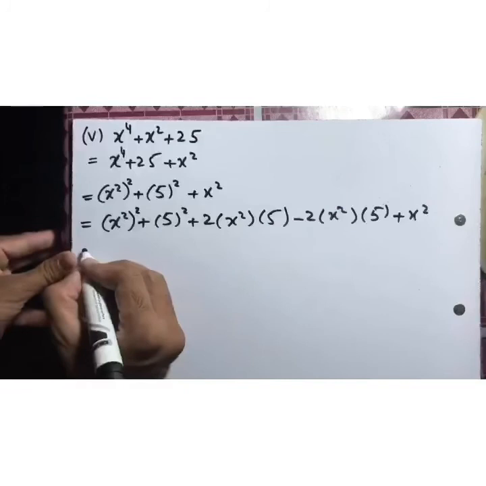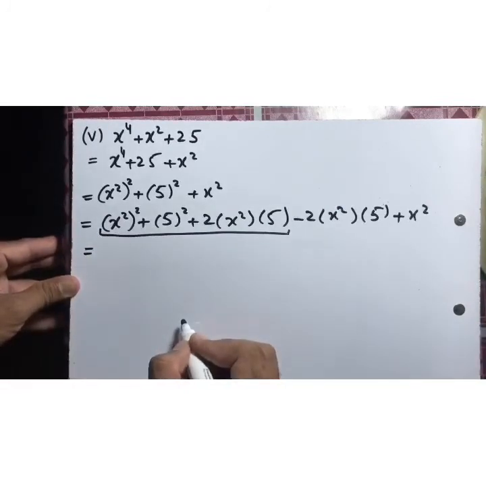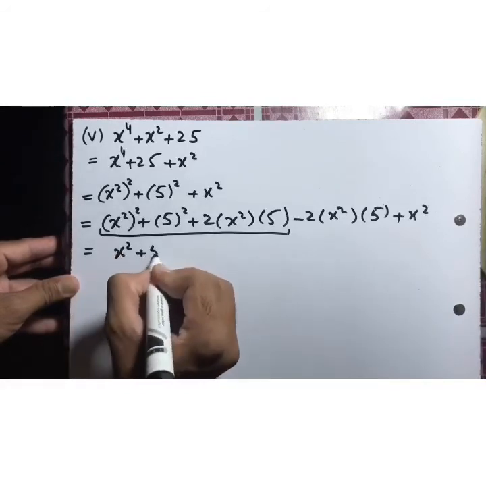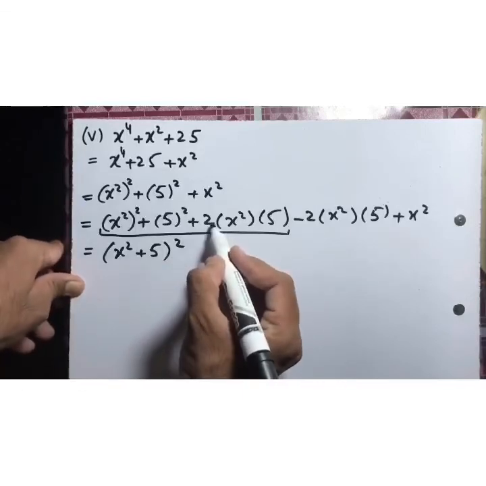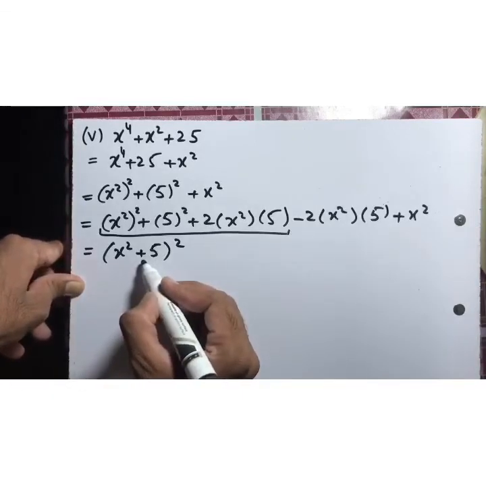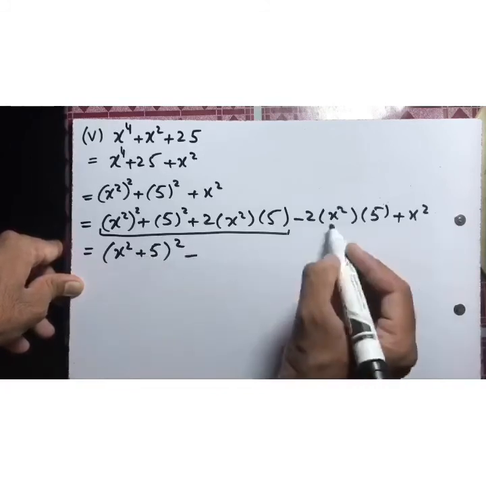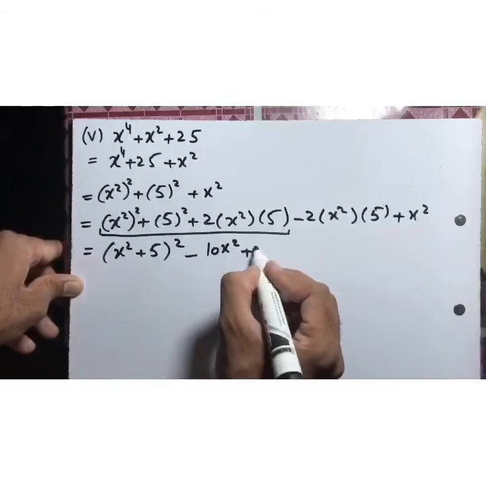Okay, now you can see this is becoming a perfect square: x square plus 5 whole square. As there is a positive sign with 2, we place a positive sign here. If there is a negative sign with 2, we place a negative sign here. Minus 2 into 5 is 10 x square and plus x square.